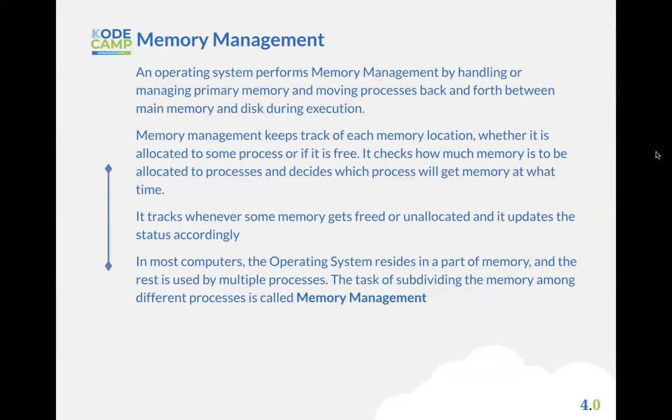So going into memory management now, an operating system performs memory management, which involves managing the primary memory, moving processes to the primary memory for execution and moving them back to the disk, between the primary memory and the secondary memory. Because a program has to be loaded into the main memory for it to be executed, right? But the main memory can't hold all the data of a process, so it also needs to work through the secondary memory.